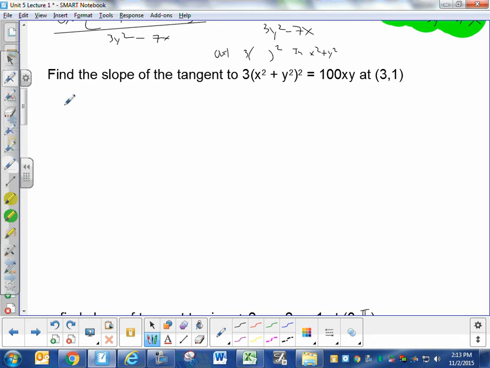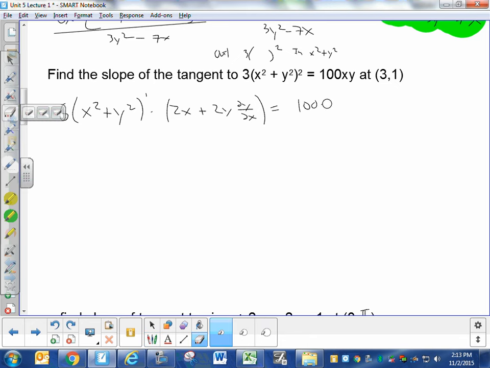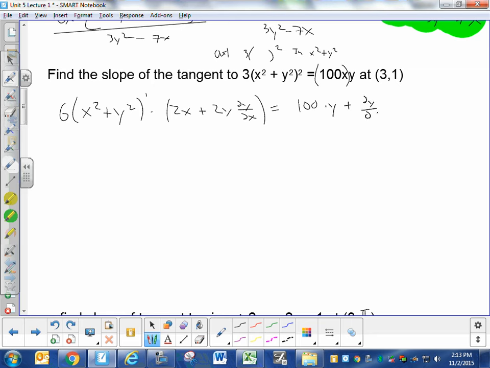Using the chain rule, I'd get 6(x² + y²)¹ times (2x + 2y dy/dx) equals, the derivative over here would be the derivative of the first, which I would say is just 100 if I include the 100 with the x, times the second plus the derivative of the second times the first. Okay?